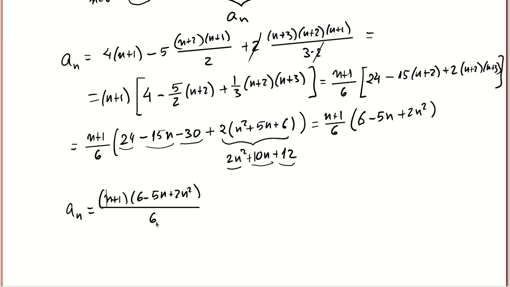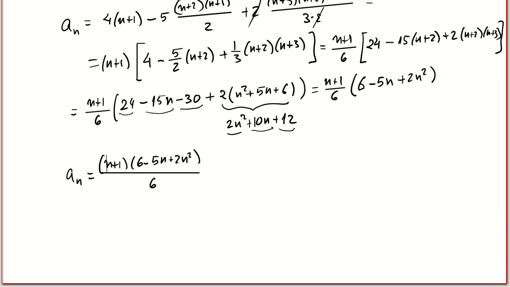Okay, you can put it even cleaner if you factorize this, right? And to factorize that, what we have to do is to find the roots of this second order equation. So the roots of this are n is equal to 5, plus minus the square root of 5 squared, which is 25, minus 4 times 2 times 6, which is 48.